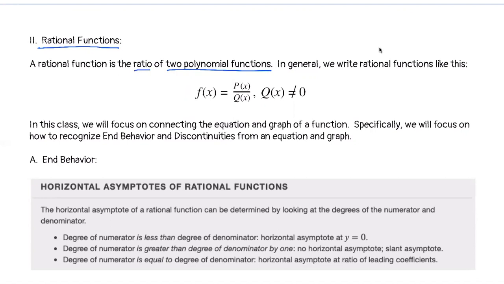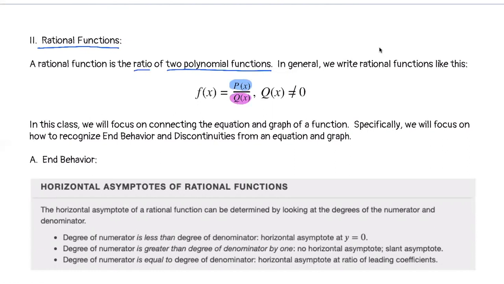So for example, we typically say f of x is a rational function if we have one polynomial on the top. Let's say we have p of x, which is just a name for a function. The p doesn't really mean anything. It's just the letter we typically use for the numerator of a rational function. And then on the bottom, we have another function, q of x.